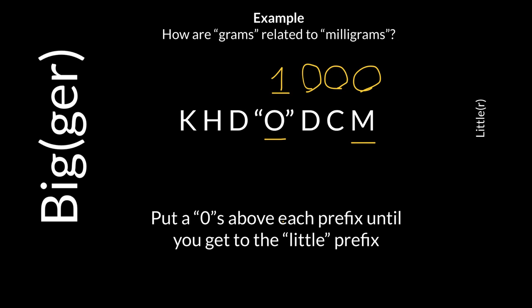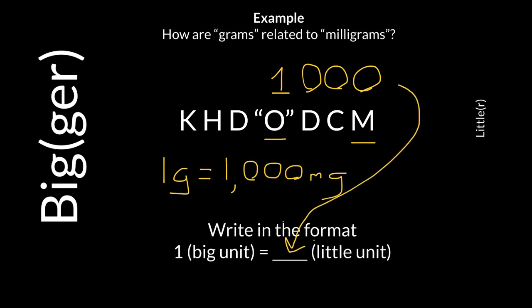So I'm going to put a 0 over this one, a 0 over this one, and a 0 over this one because that's the littlest one. And here's what I end up with. What I end up with is how many of the little one is in one of the big ones.